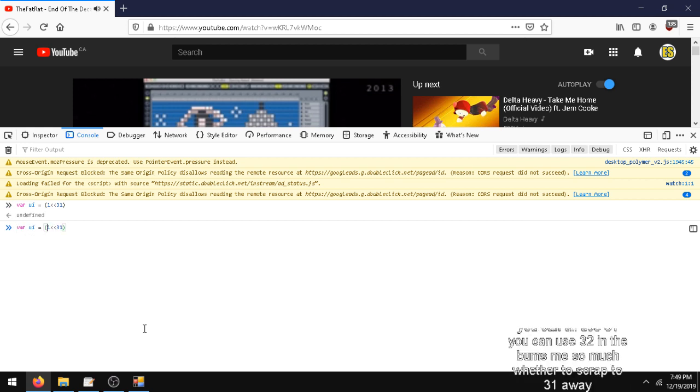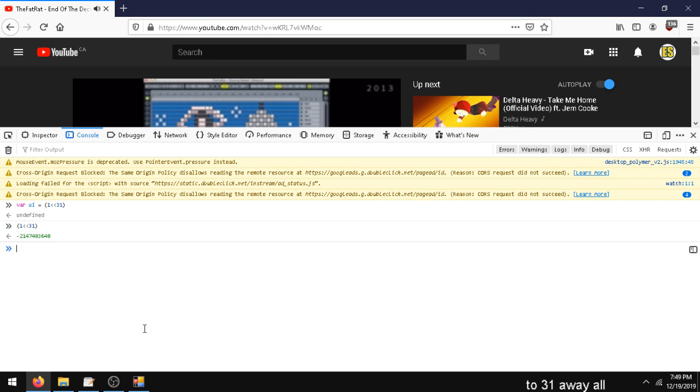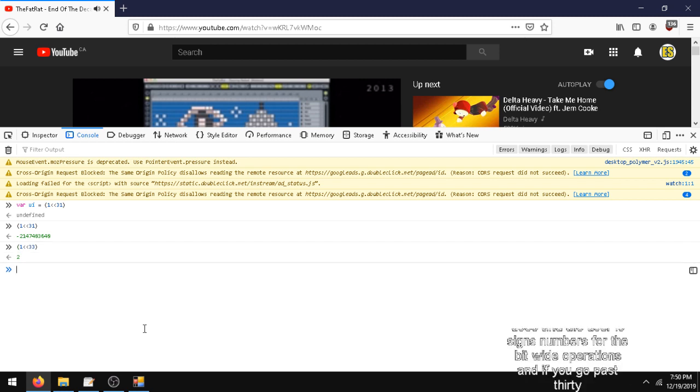So it uses signed numbers for the bitwise operations. And if you go past 32, it doesn't even work. It doesn't even use the full range.